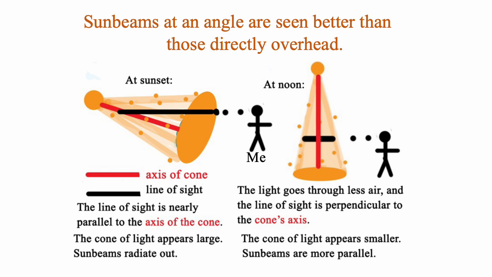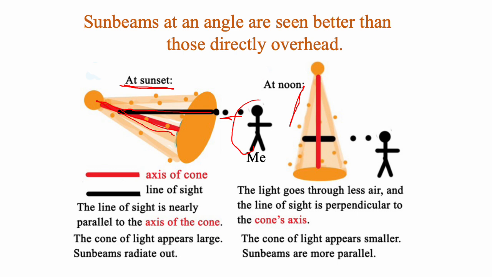Sunbeams are cones of light. At sunset, these cones are nearly horizontal, whereas at noon, they're more vertical. Here's me looking at the cone at sunset, so my line of sight here is nearly parallel to the axis of the cone.